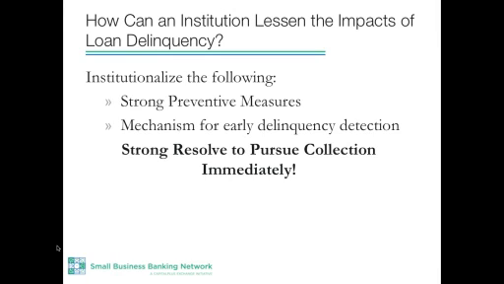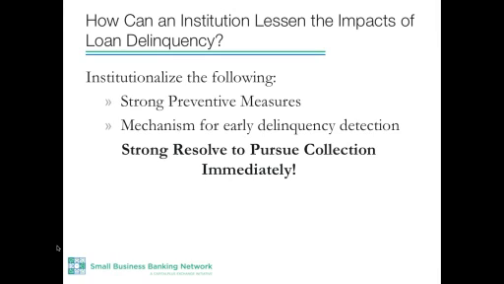Just like a serious illness, there are 3 key things that we must keep in mind. First is to institutionalize strong preventive measures. Nobody wants to get sick, so it is very important that we avoid all chances of exposing ourselves to health risks. In lending, we also have to be aware in the first place of the means to prevent our institution from being hit by loan delinquency problems.